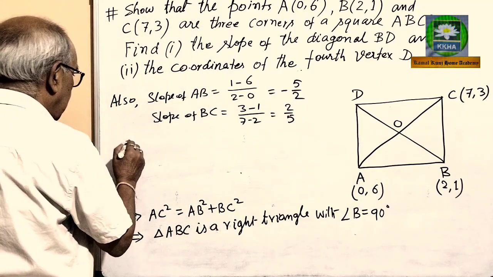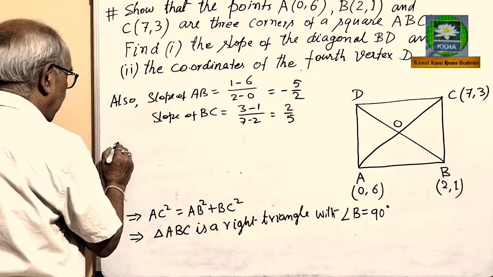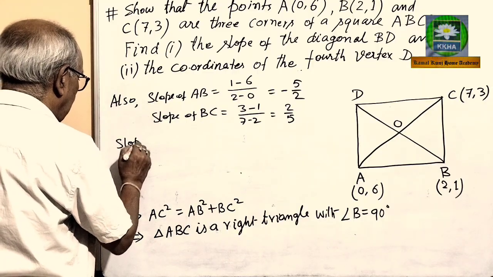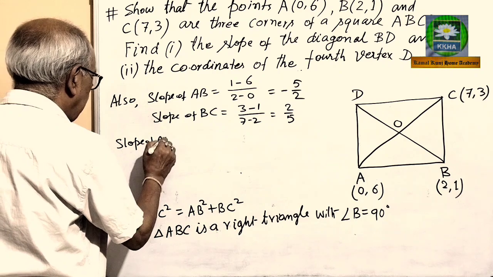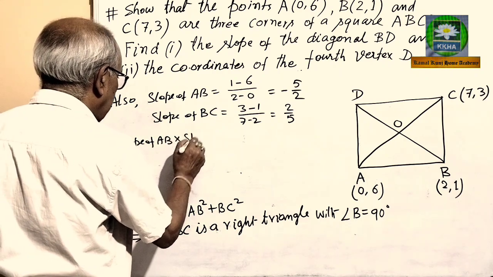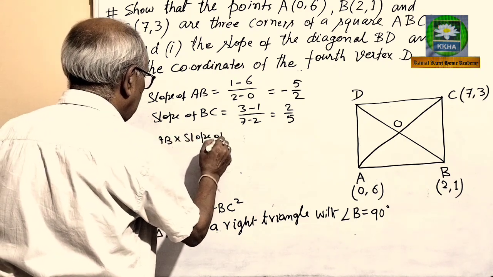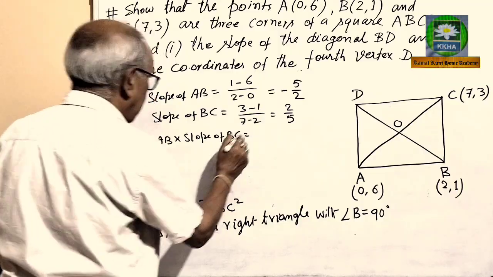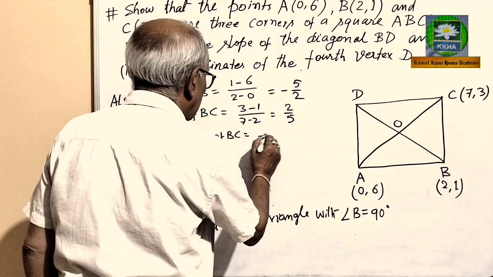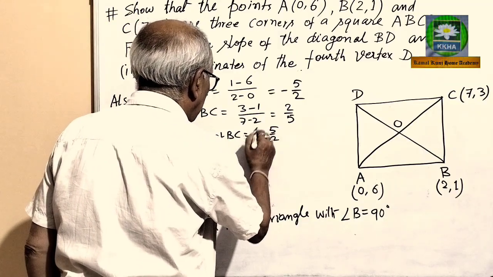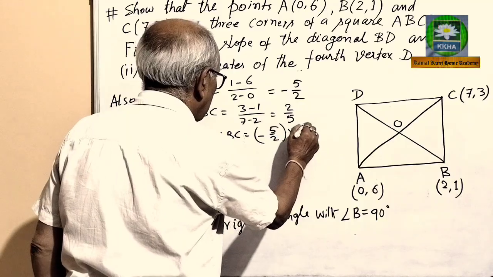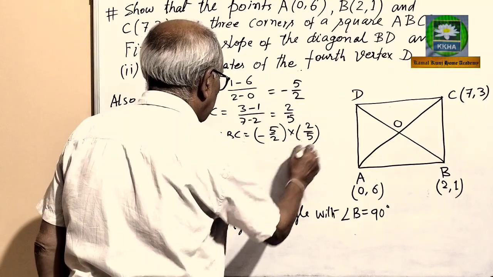Now if you multiply these two, slope of AB multiplied by slope of BC is equal to minus 5 upon 2 into 2 upon 5.